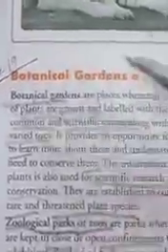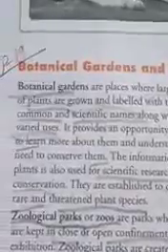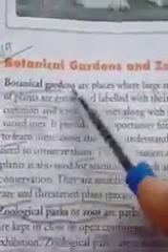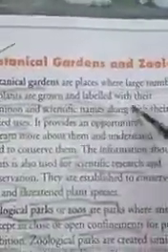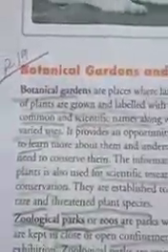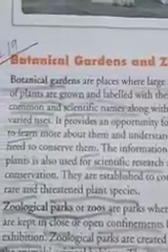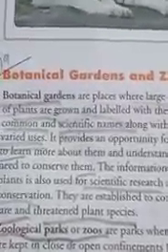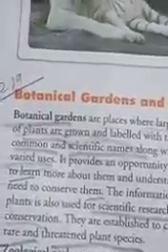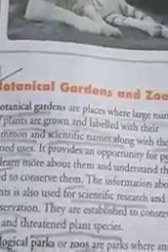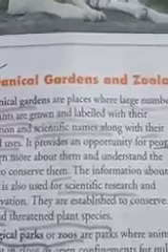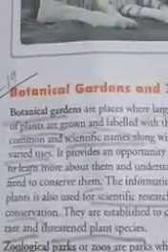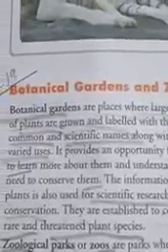So let's start. Botanical gardens are places where a large number of plants are grown. Plants are grown and labeled with their common name and botanical name along with their varied uses, which are also displayed. It provides an opportunity for people to learn more about them and understand the need to conserve them.